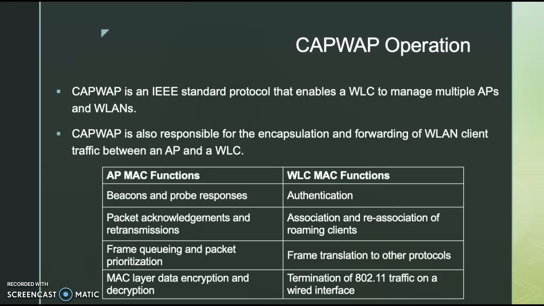The CAPWAP split MAC concept does all of the functions normally performed by individual APs and distributes them between 2 functional components, AP MAC functions and WLC MAC functions. As you can see in the table, it breaks down a little bit of their functions, such as beacons, probe responses, and authentication.